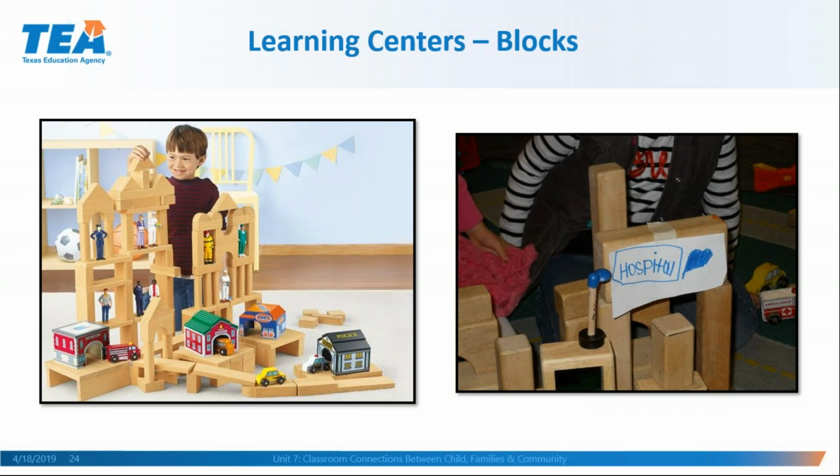So there's a lot of things you could do here. You could take pictures of their family members and attach them to blocks. They could play with their own family in the block area. So there's a lot of ways the blocks can be connected either to families or to the community.